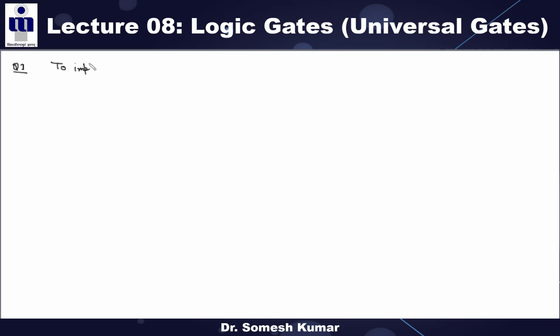The first question is, to implement A bar BC, what is the minimum number of two input NAND gates? It is given that only A, B, C are available as the input.